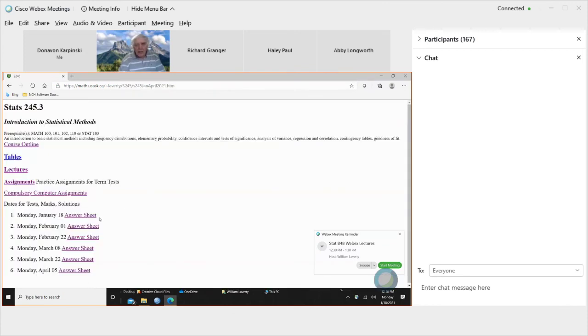So after the answer sheet, the marks will be posted after that, and that's where you'll find them. They'd be your student number with your mark. I think with Canvas, it's possible to get the mark right away once you've submitted the answers. I'll try to see if I can do that.